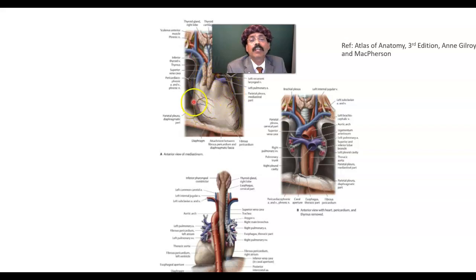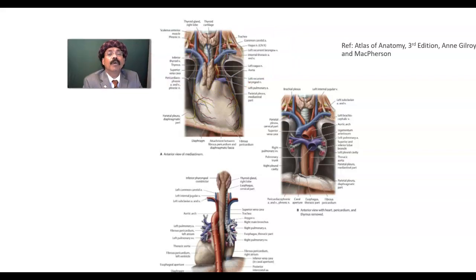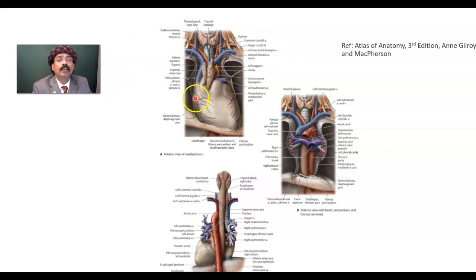This is the phrenic nerve accompanied by the pericardiacophrenic vessels. This is the content of the posterior mediastinum. We have the esophagus here, the descending thoracic aorta and its branches, and they have not shown it here, but it should also contain the thoracic duct, the azygos vein, and hemiazygos vein.